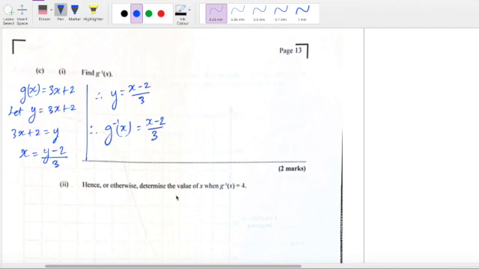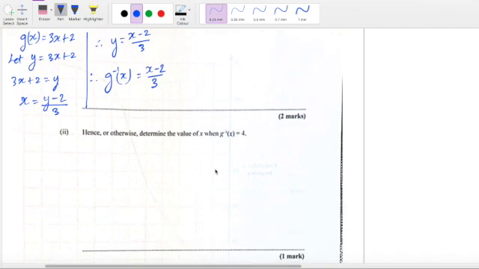Hence or otherwise, determine the value of x when g inverse of x is 4. Well, g inverse of x is x minus 2 all over 3. They're not asking us for g inverse of 4, you know. No, they're not.